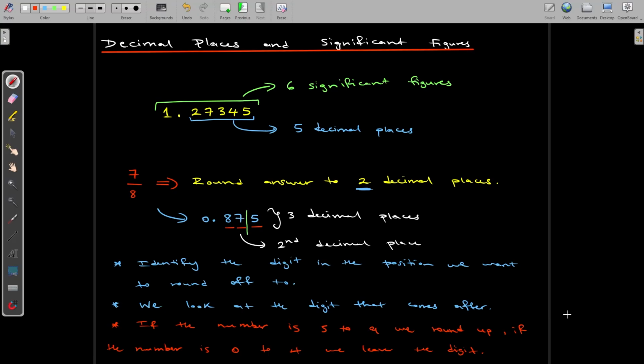Can you read it, please? If the number is 5 to 9, we round up. If the number is 0 to 4, we leave the digit as is. This will be sent to you after. I can't really understand the rest, but this is how I write on the board. I write better than this.